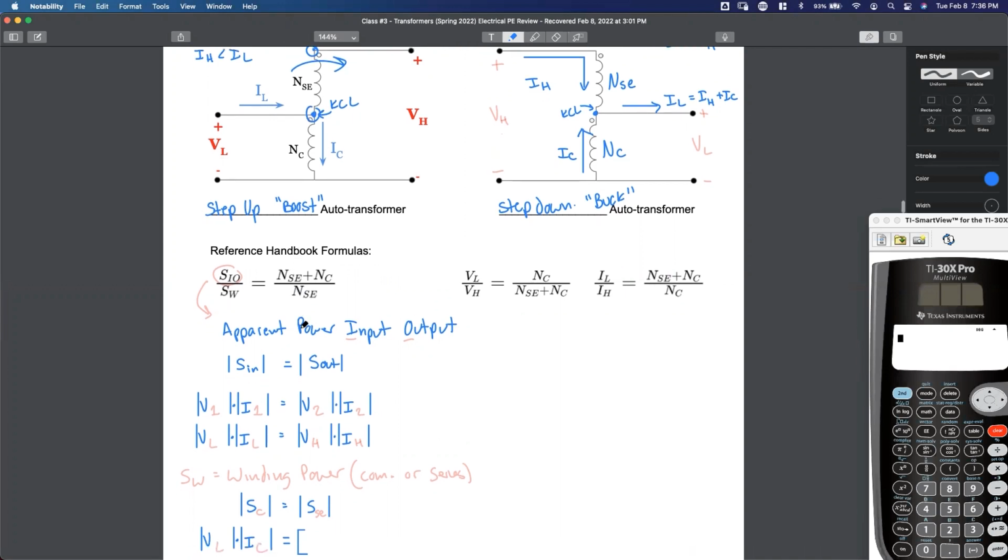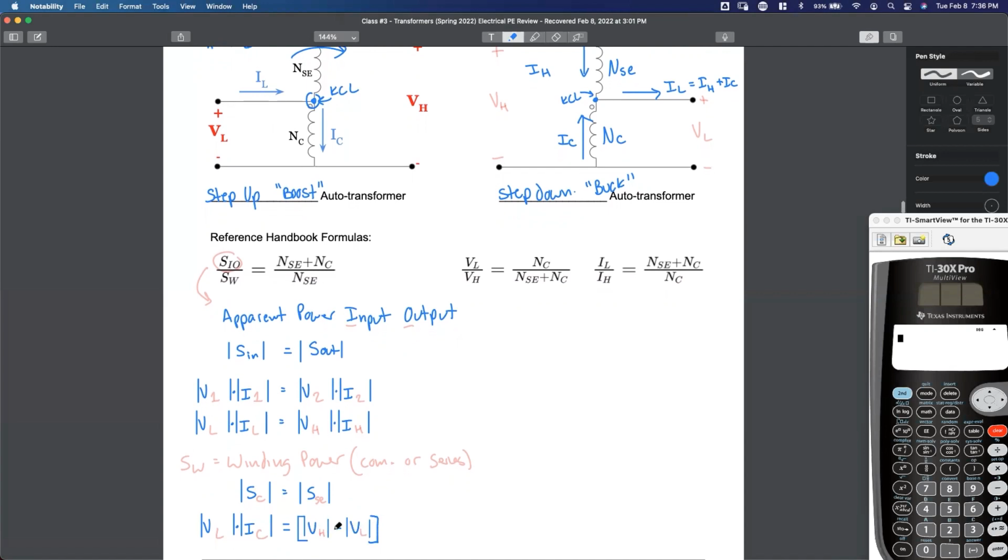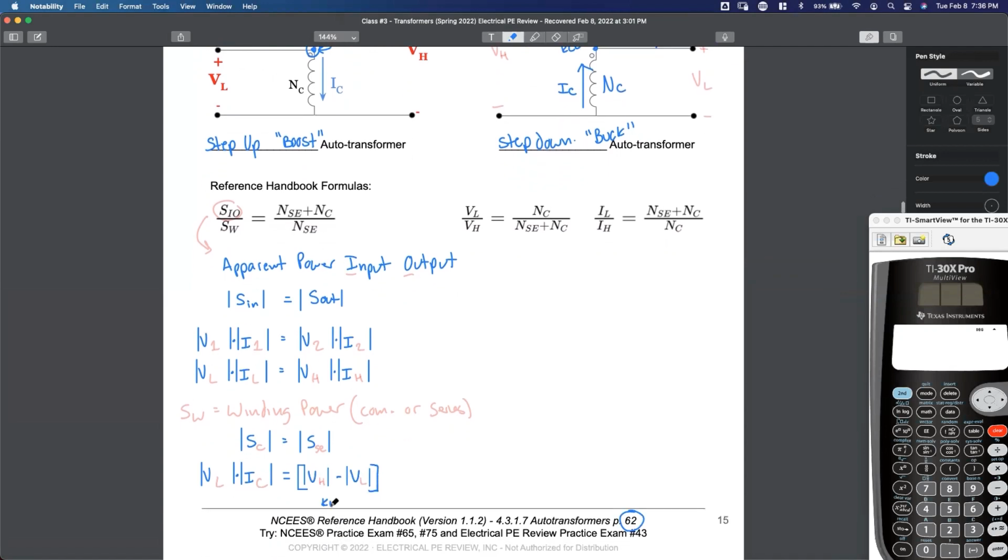Can I say that the voltage across the series winding is going to be magnitude VH minus magnitude VL? See that? That's just Kirchhoff's voltage law, KVL.